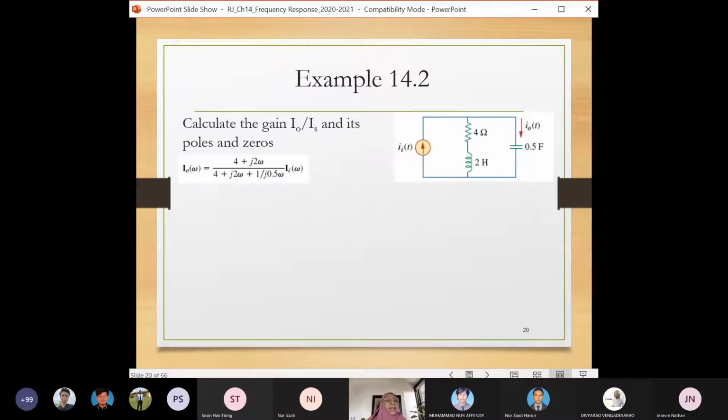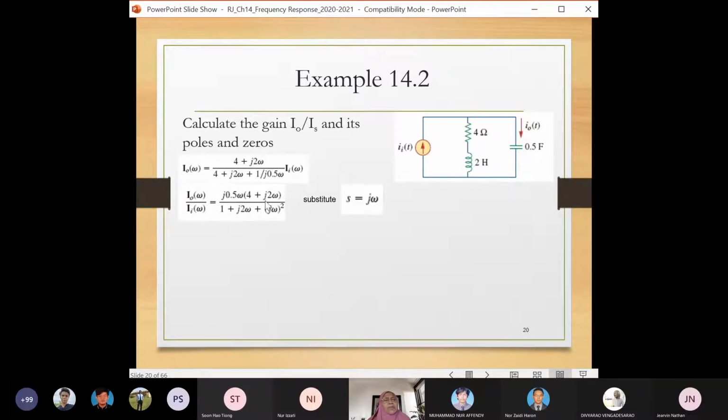Okay, and if you simplify this, don't forget that Io is this part multiplied by this part, because Io over Ii is only this. And if you simplify the equation and bring Ii over to the left side, you will get this value, and you simplify it.